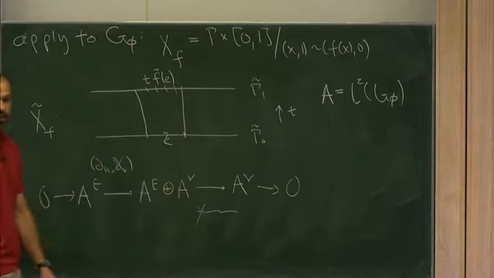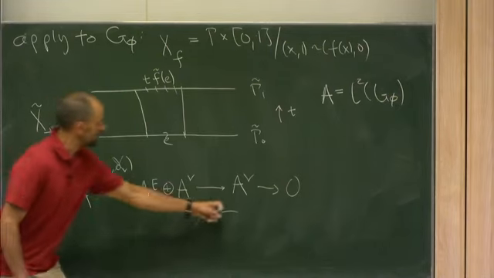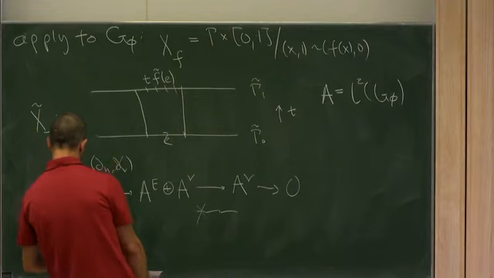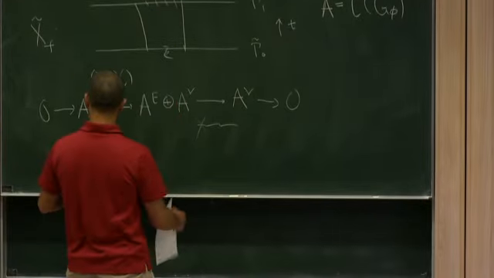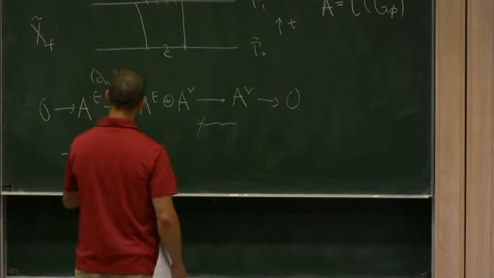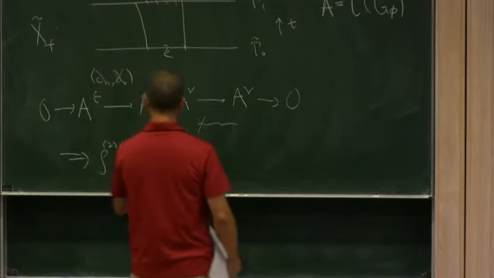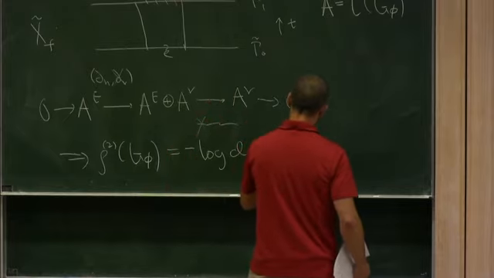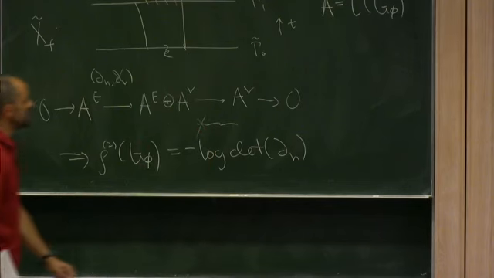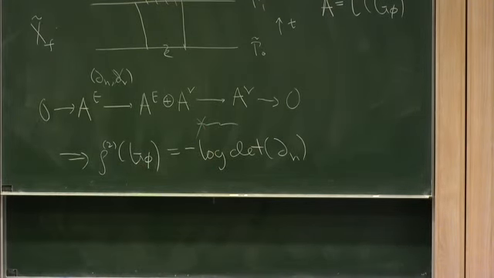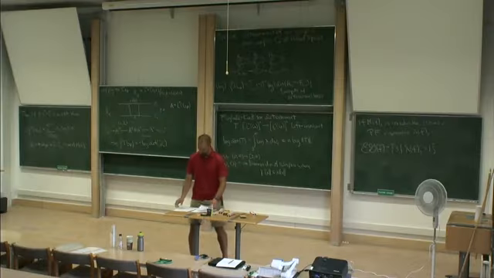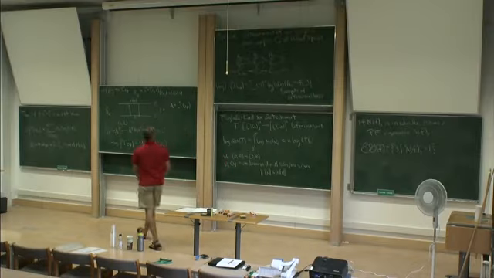It turns out that this one has determinant 0. And so what you get is that the torsion is just the determinant of a single operator. But let me write down what this is, because it's really not that mysterious either. None of this stuff is mysterious once you think about it.